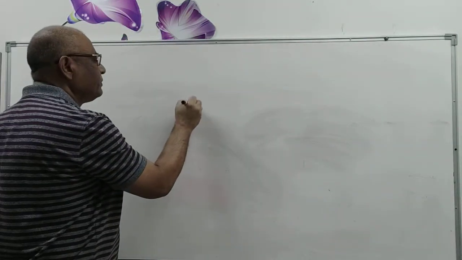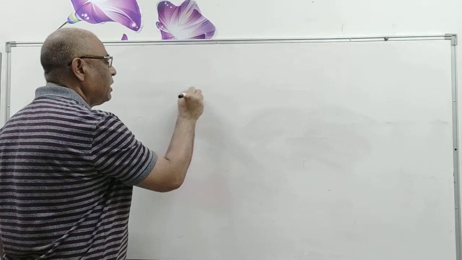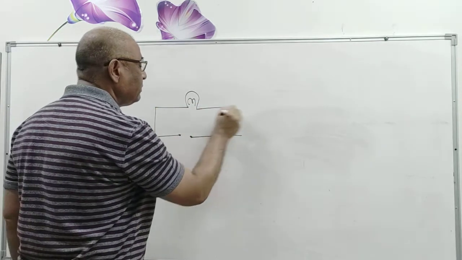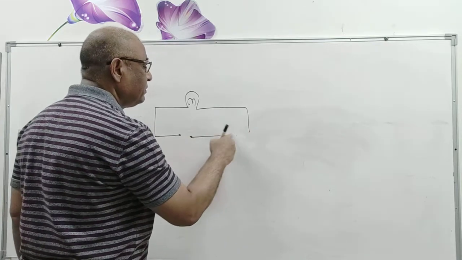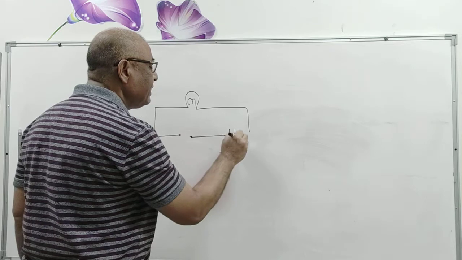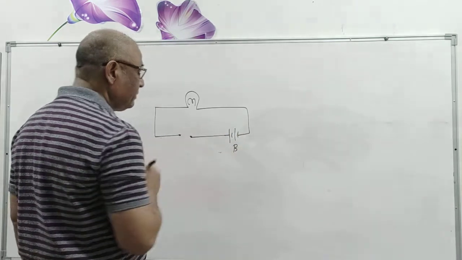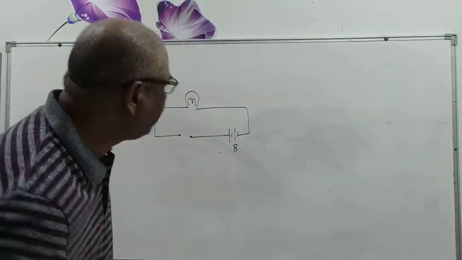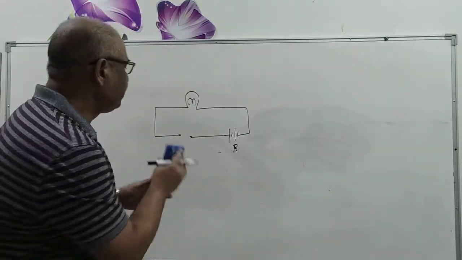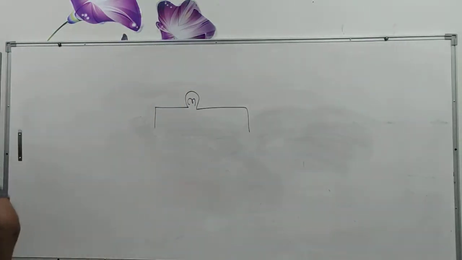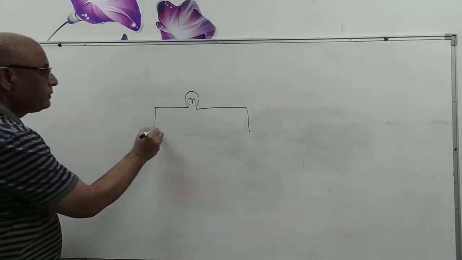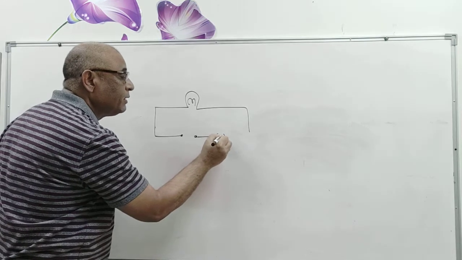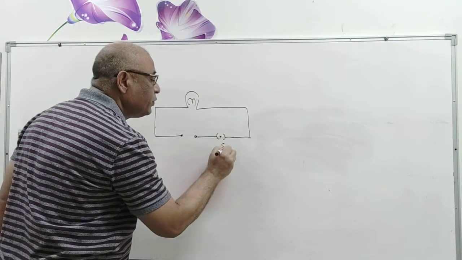Suppose that here is a bulb, and two cells here, so a battery. This is the key, or you also call it a switch.